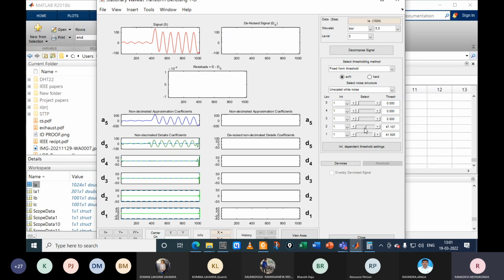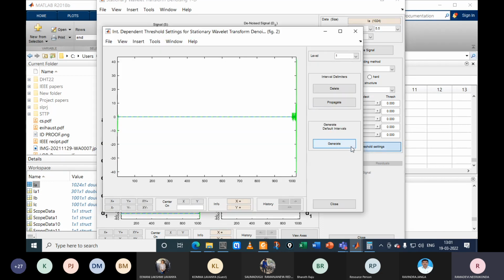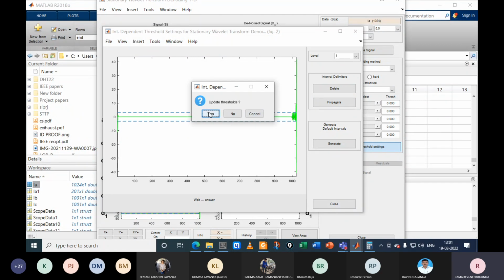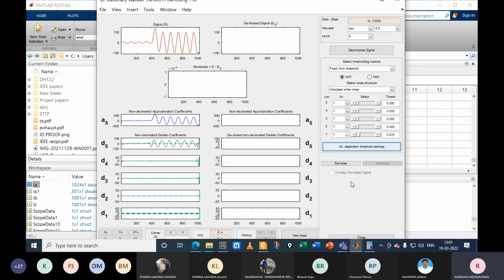Because of that, I am not changing any information from the approximate coefficients. So independently for the detail level coefficients, we incorporate this for removing the noise at the edges also. Okay. Yes, we fix the threshold. So this threshold level is instantly changing.